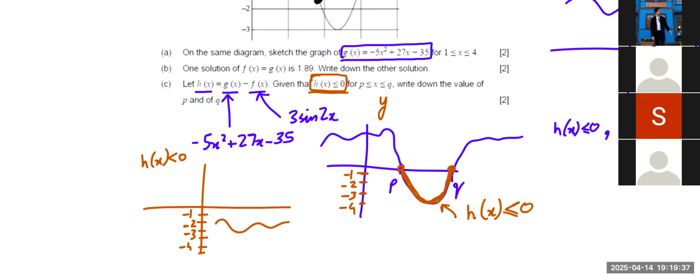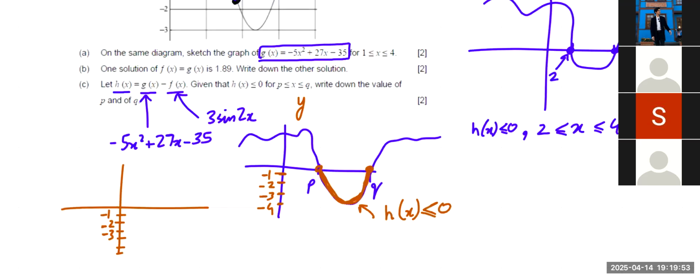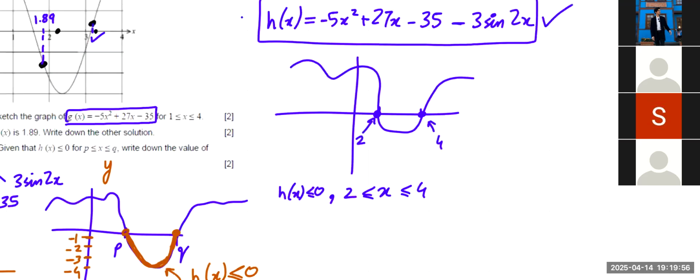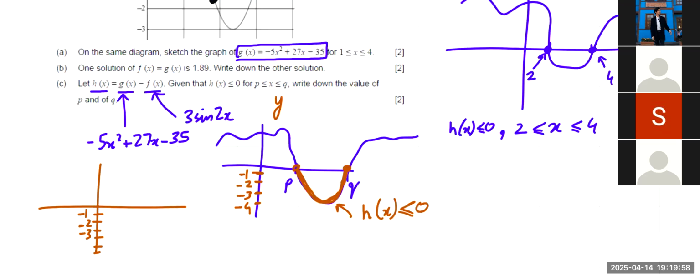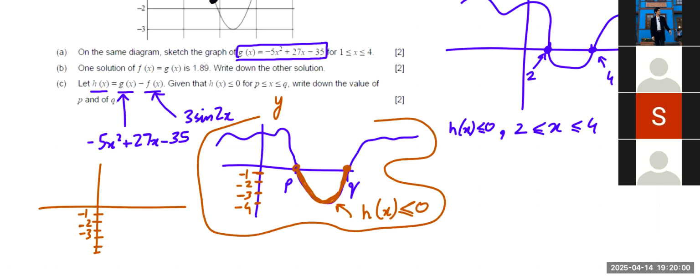Yeah. So what they're saying is that this function h of x is negative, meaning below the x-axis, for this range only. And then they're asking, what is that range? For what values of x is the function below the x-axis, basically? So what you're supposed to do is plot the function on a graph and basically just trace and see where the function is reaching below the x-axis.